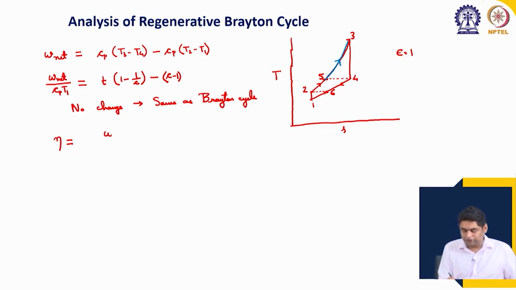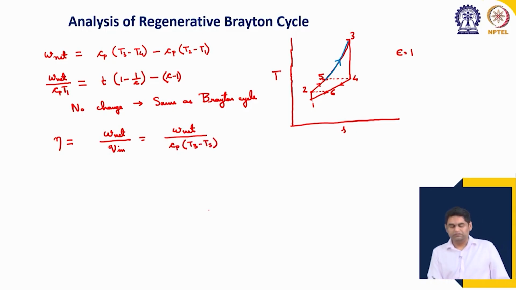Net work output remains the same, but Q in is different, and the new value of Q in is equal to Cp (T3 minus T5). For a regenerator with 100% effectiveness, effectiveness equal to 1, T5 should be equal to T4.